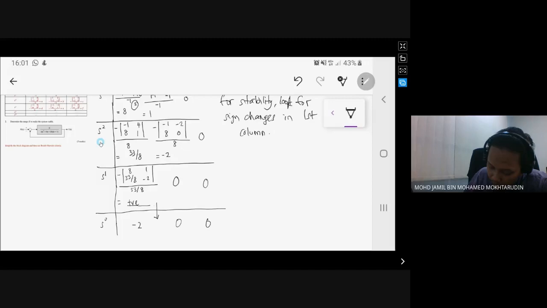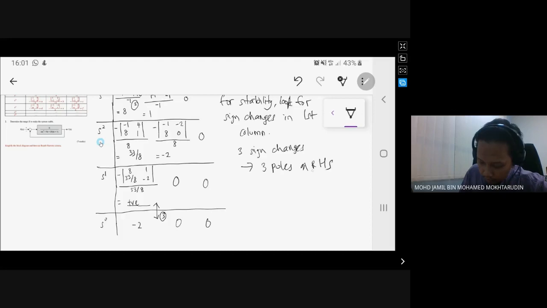So one more sign change here. So there are 3 sign changes, meaning that 3 poles on right hand side of S plane, and therefore system is unstable.